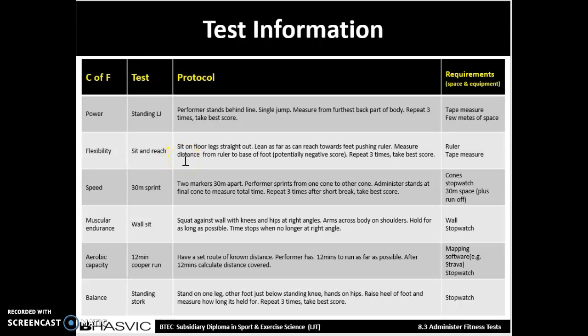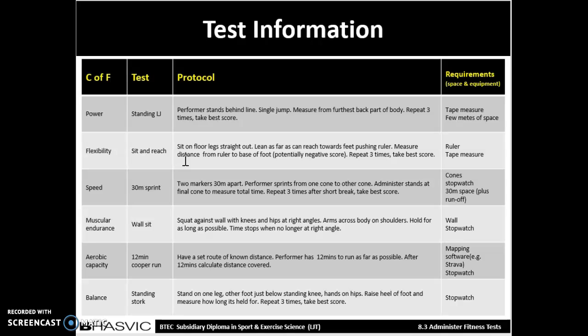So instead, I got the performer to sit on the floor with the legs straight out and lean as far as they can, just like the test, pushing a ruler. I would then measure the distance from the ruler to the base of their foot, making sure I set a marker where their foot needs to be, so I can accurately measure from that.